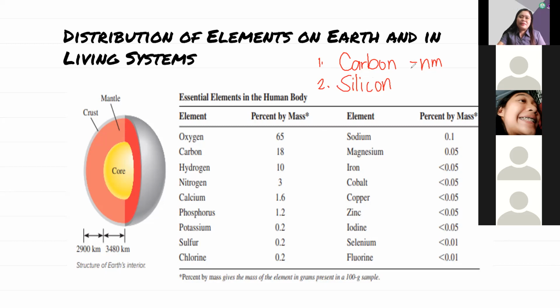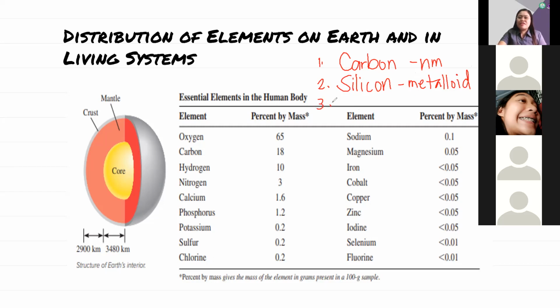That's the second one, silicon. So, carbon tapos si silicon ha, ang ikaduha. Most abundant sa tibok kalibutan. Now, ano sa man ang silicon? Metal, non-metal, metalloid? Metalloids po. Okay, metalloid. Non-metal ang pinakadaghan, ang ikaduha metalloid.